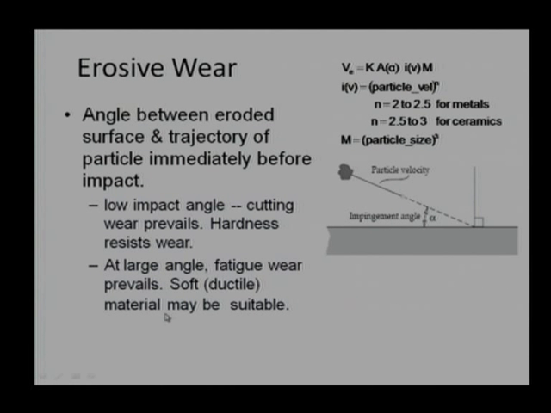Coming to the other side, if the angle of impact is on the higher side, 75 degrees, 85 degrees or even 90 degrees, then we require a softer material, because most of the energy is getting transmitted to the component. So softness is required, or a material with more toughness will be important, which can absorb the energy.